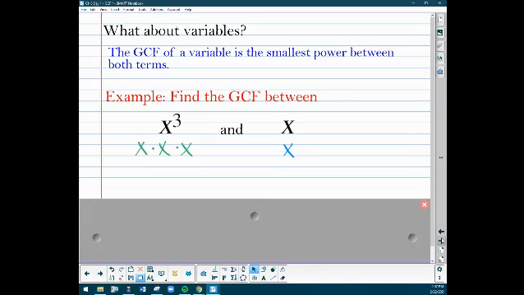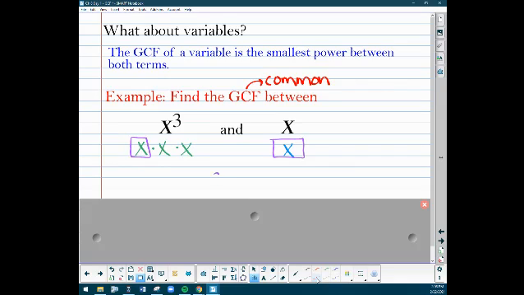For this one, we want to think about the middle word in greatest common: common. How many of those variables do they share? They each have only one x in common. So it's the smallest power between both terms. They both have one x.